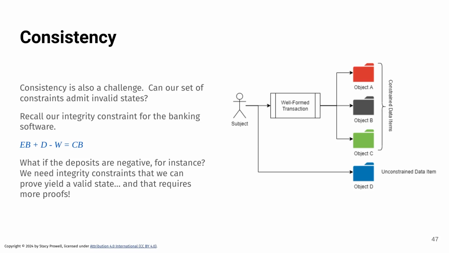Or what if I'm using floating point math? Then everything is a mess. So there could be lots of problems there, and that requires more proofs and some fairly sophisticated ones, especially if I want to use floating point numbers, which I probably don't for banking, for lots of good reasons. I probably don't want to use floating point numbers when I'm doing financial calculations. All right.